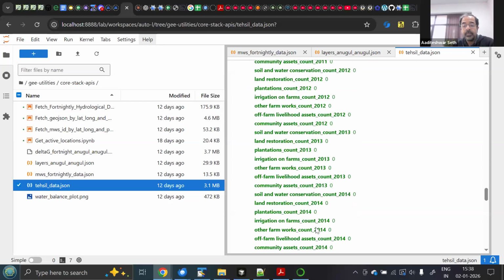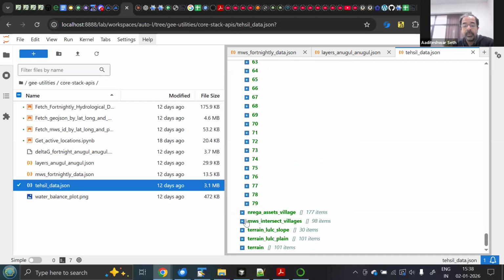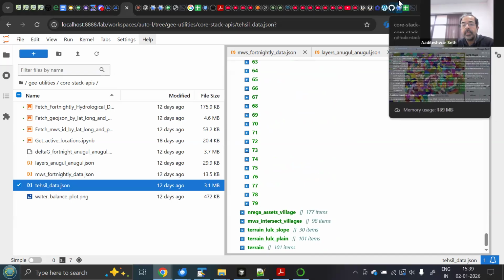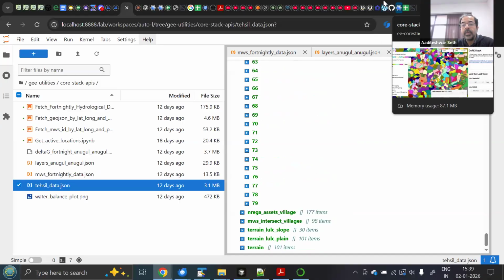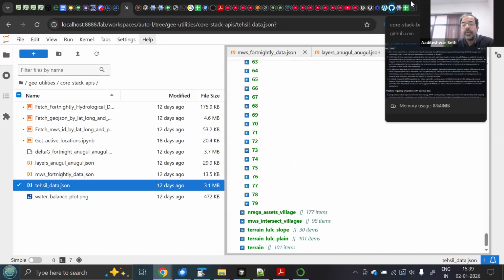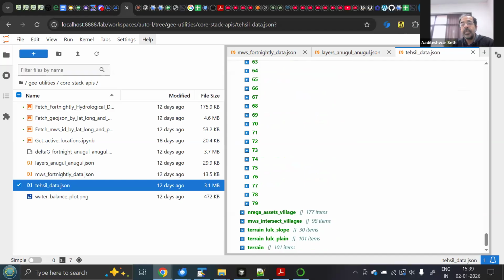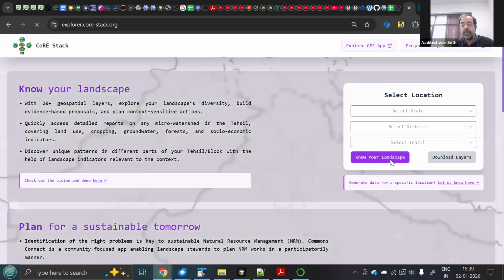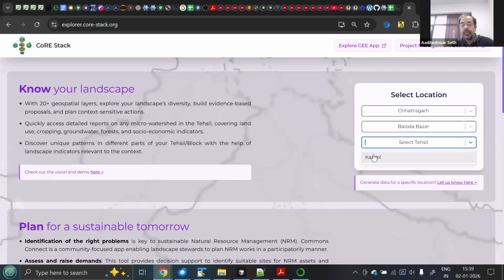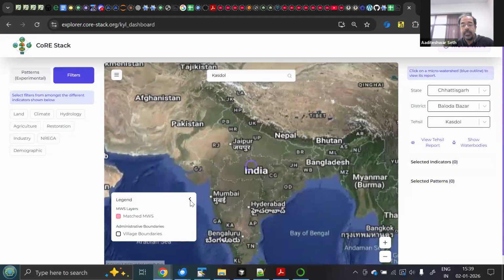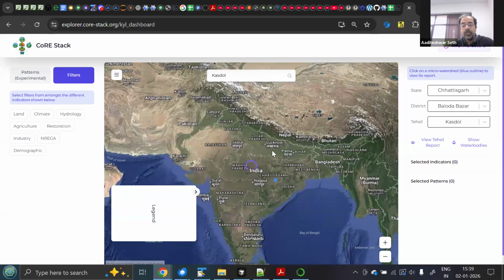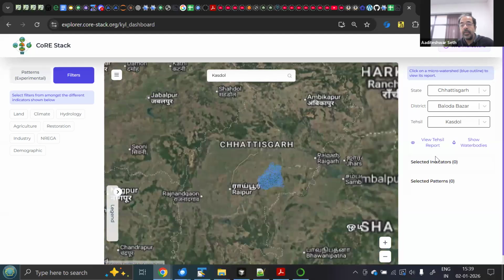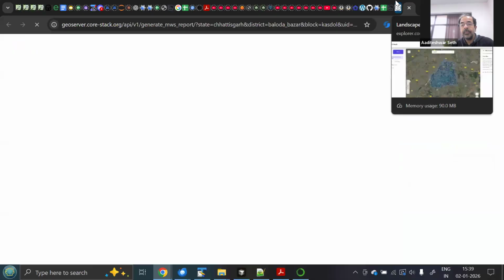I'm just mostly seeing zeros, but it depends on where I click. In the micro watershed reports, which you can explore through this interface, if you go to any state, district, tehsil, you click somewhere and you see the micro watershed report.